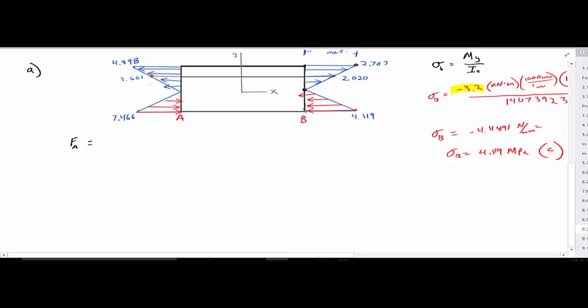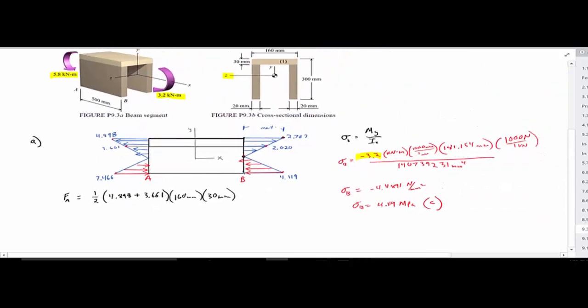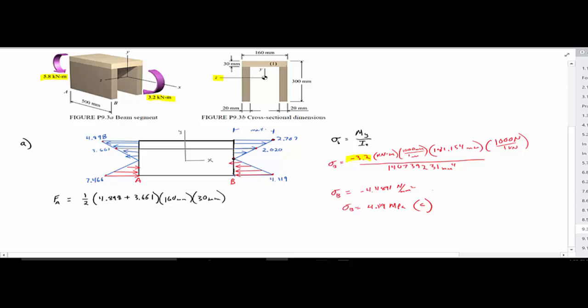So this resultant force acting up here is going to be 1/2 multiplied by the height, 4.898 plus 3.661, then multiplied by the area, so it would be 160 millimeters multiplied by 30 millimeters. 160 millimeters being the width of this top section.